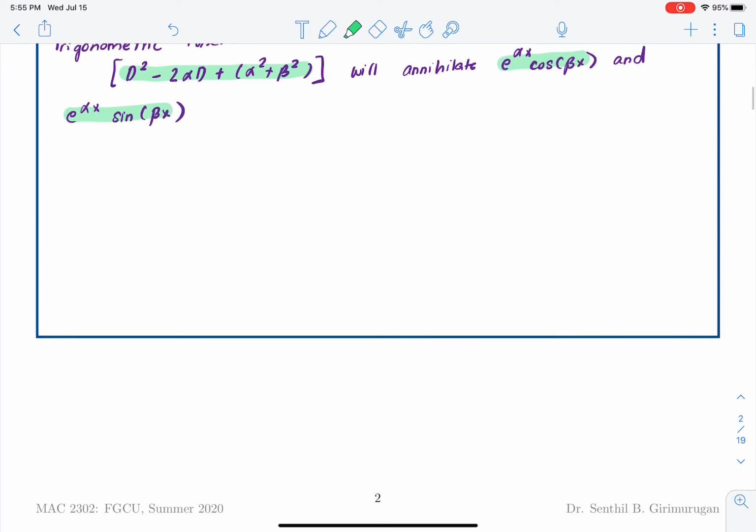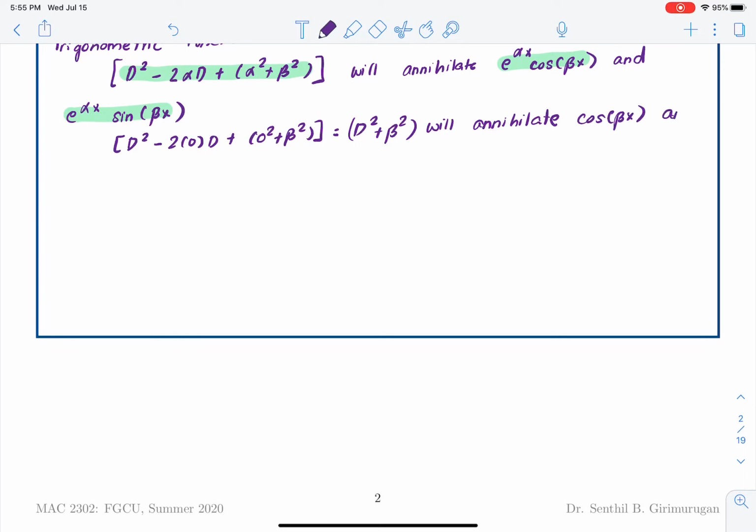Now, if alpha is 0, we can readily see that d squared minus 2 times 0 times d plus 0 squared plus beta squared, which is d squared plus beta squared, will annihilate, alpha is 0, e raised 0 is 1, so cosine beta x and sine beta x.